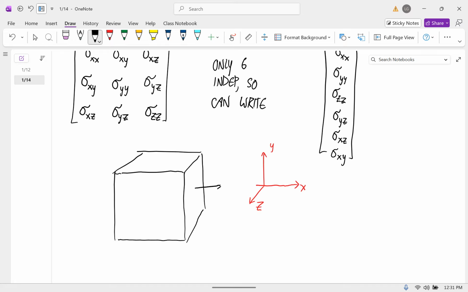The sigma xx means this. The sigma xy means this. And it also means this. The sigma xz means this.